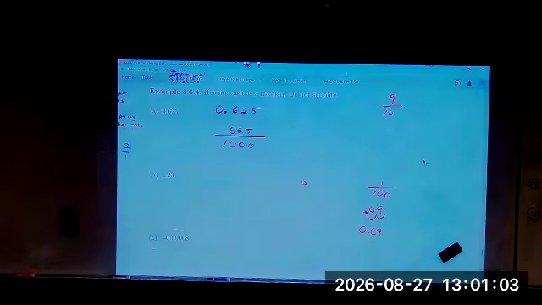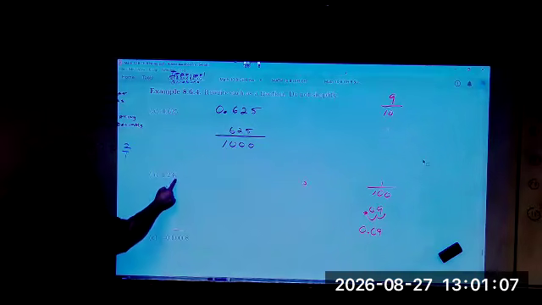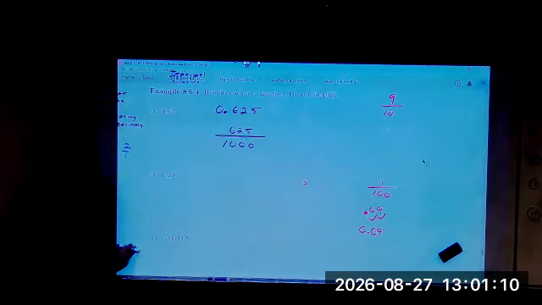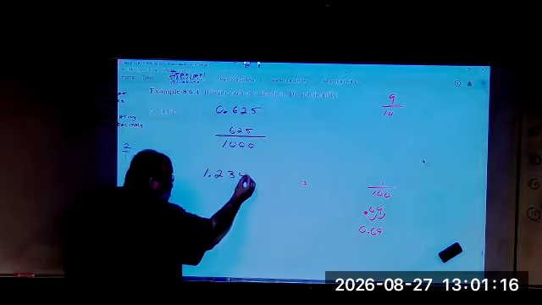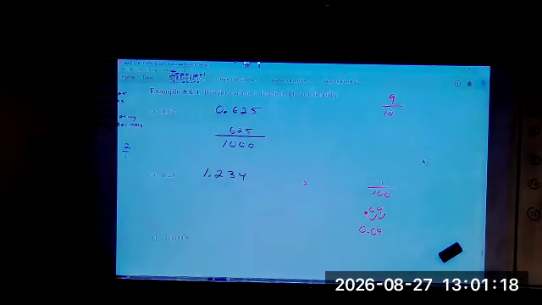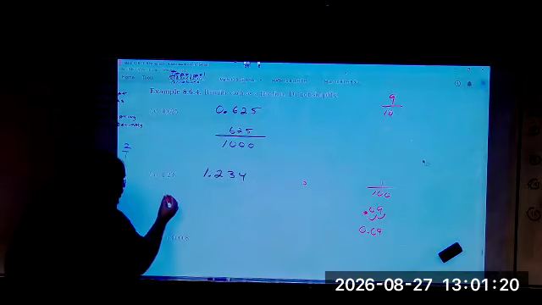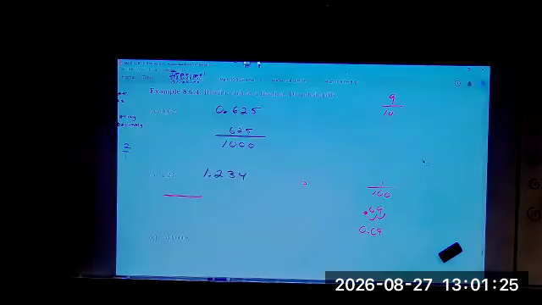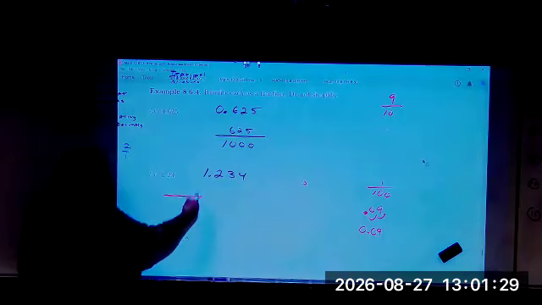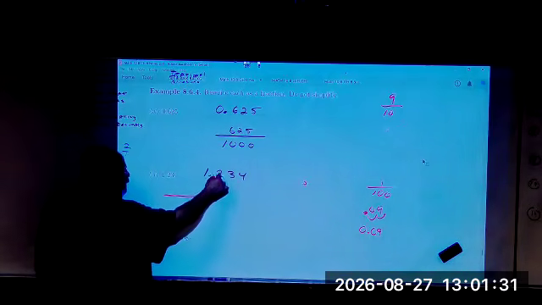Same rule applies right here, even though we have a 1 in front. 1.234. First, figure out what is in the denominator. What place value is the 4 in? Thousandths again. So make sure you're counting the place value correctly. Tenths, hundredths, thousandths.